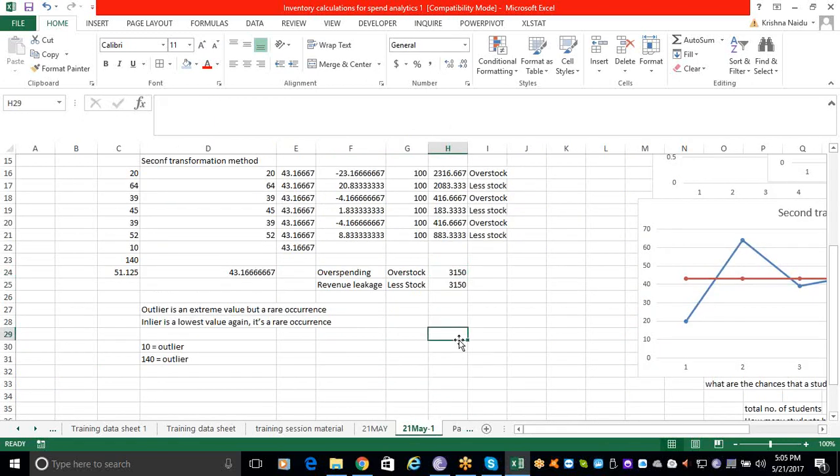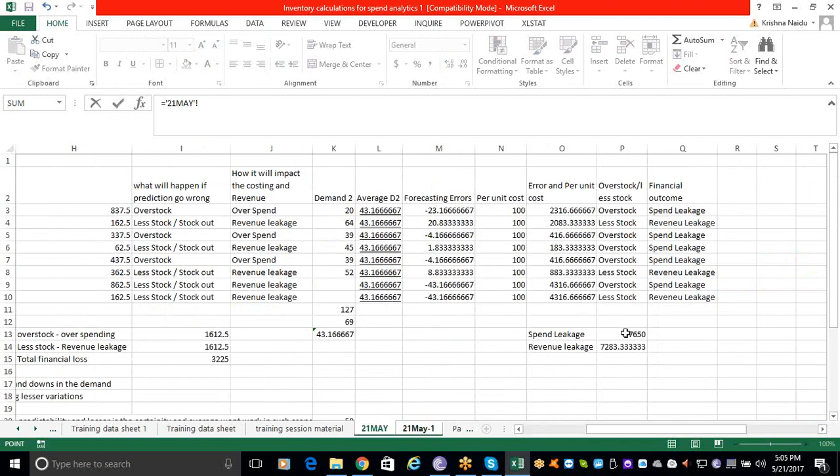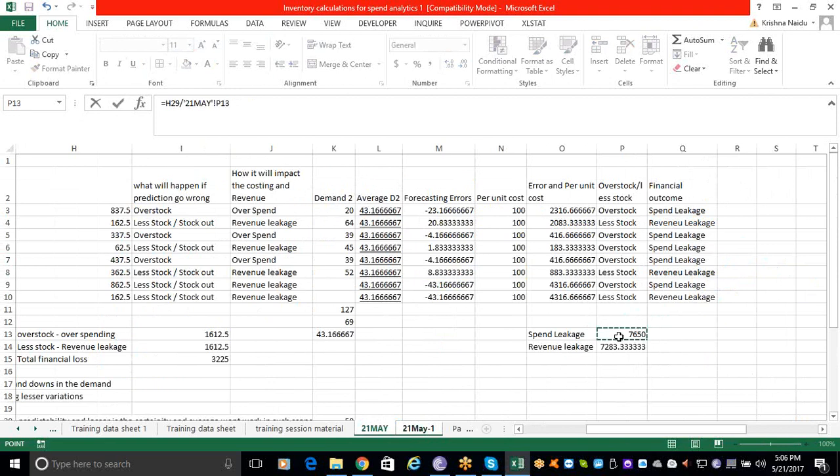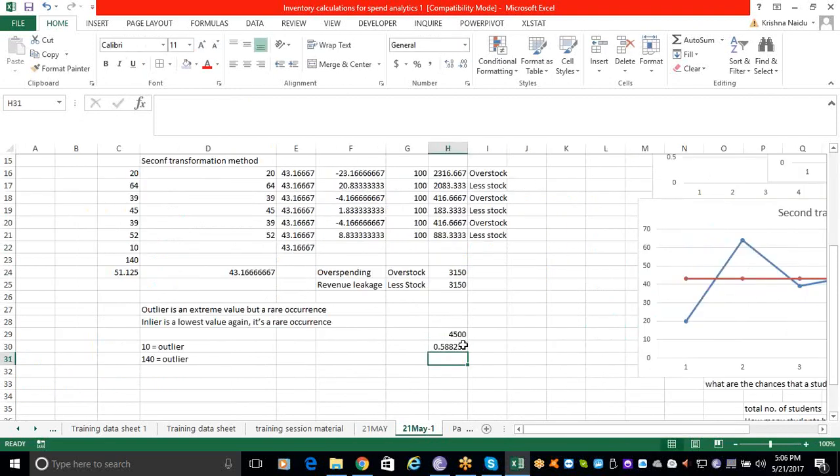So how much saving? 7,650 minus 3,150 is 4,500. So this is 4,500 divided by 7,650. That is called 58% savings. 59% savings, just because we have adopted a different approach.